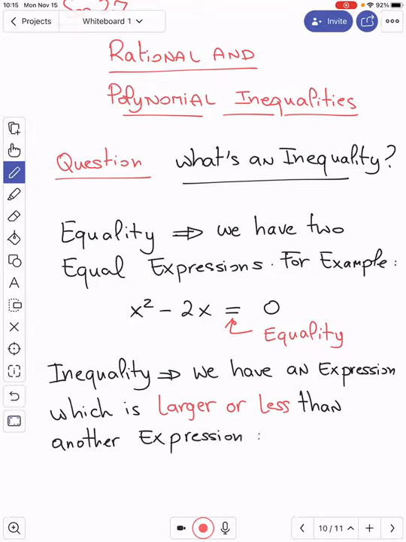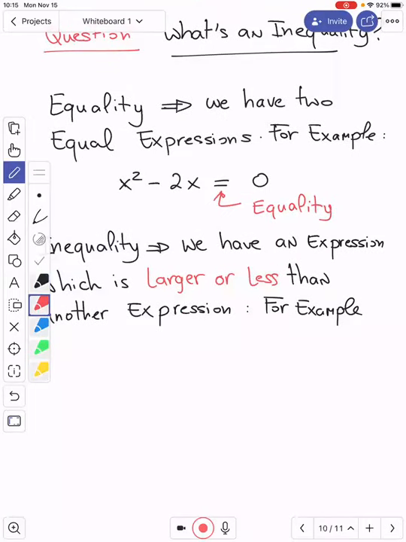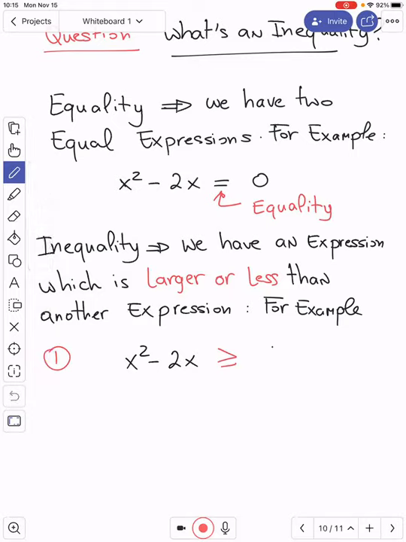So for example, first example, let's say you have x squared minus 2x larger or equal to, let's say, 4.